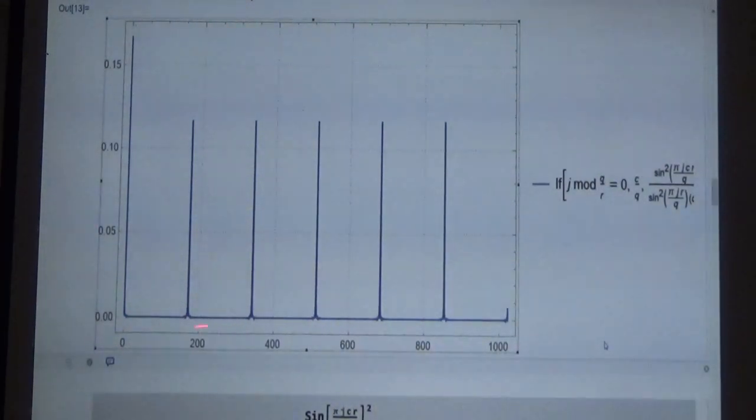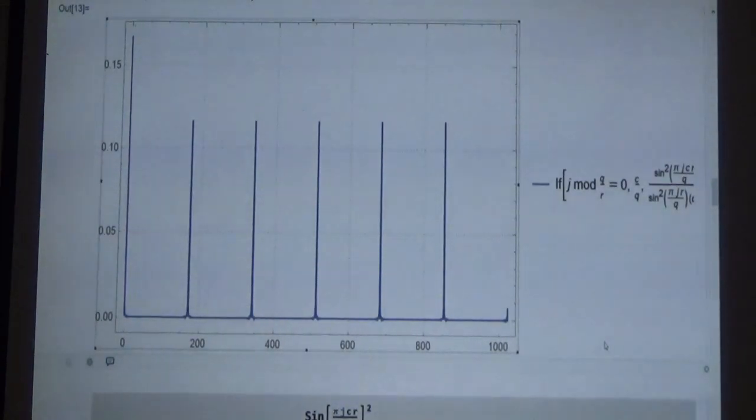On the x-axis, I have my Q prime. My Q prime varies from 0 to 1024. On the y-axis, I have a probability distribution function. I have 10 qubits in my first register, so my Q is 1024. So I have 1024 possible values. The state can collapse; it has a realm of possibilities which has a size of 1024.